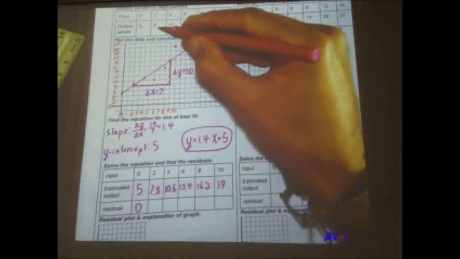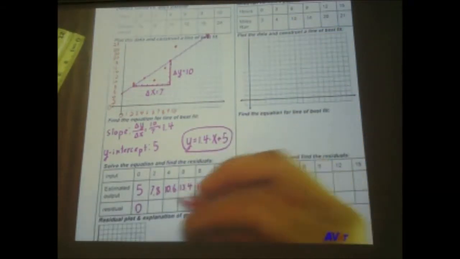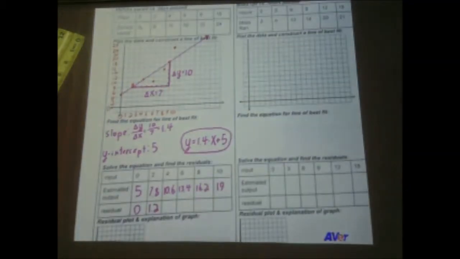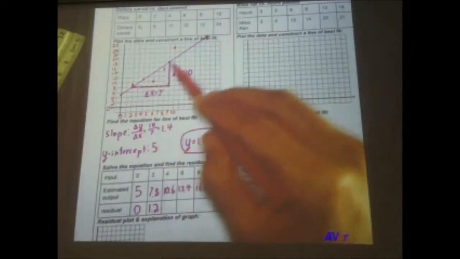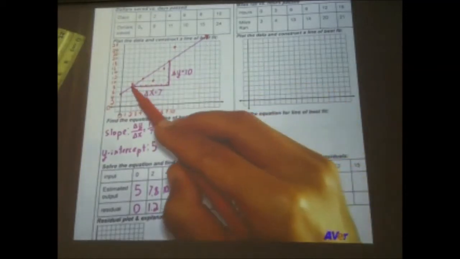My next one would be 9, which is my actual data, minus 7.8, which is my estimated data, and I get 1.2. My estimated data is from my equation, which I got from my line of best fit, and this line estimates these points.